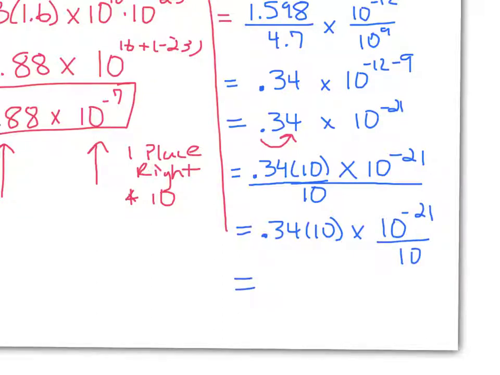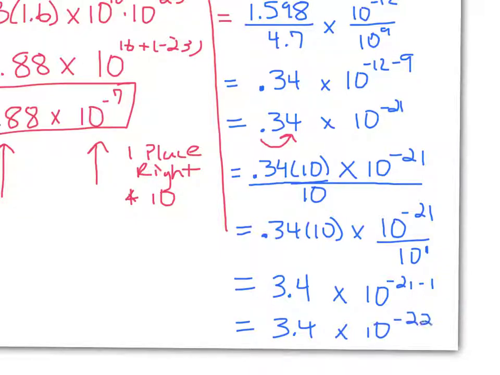And now, when I multiply the 0.34 by 10, I get 3.4, which is now great for scientific notation. And of course here, 10 to the negative 21st divided by 10, remember that's a 1 exponent there. And so when our bases are the same and we're dividing, we subtract our exponents. And so we get a final result of 3.4 times 10 to the negative 22nd power.